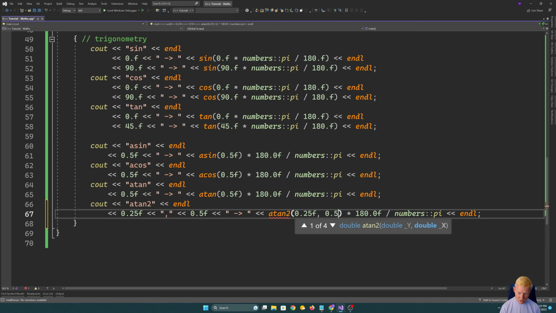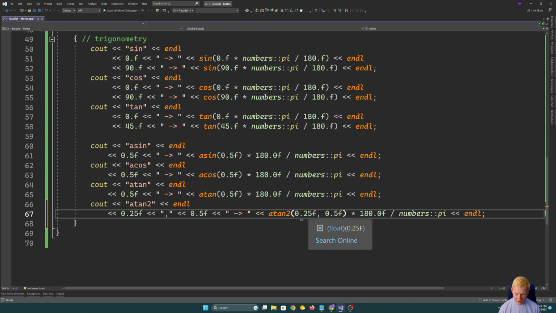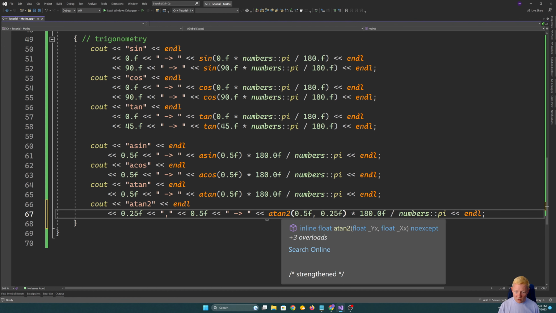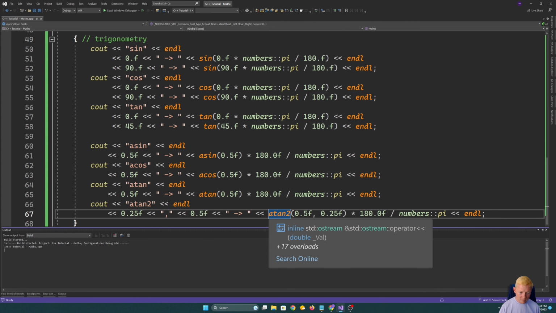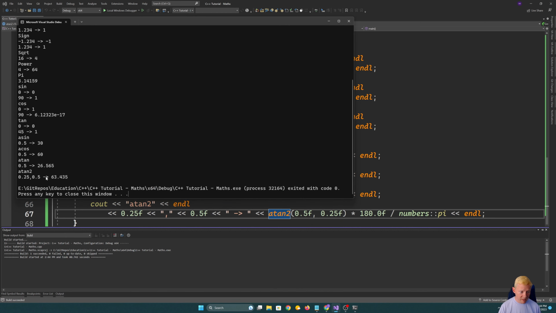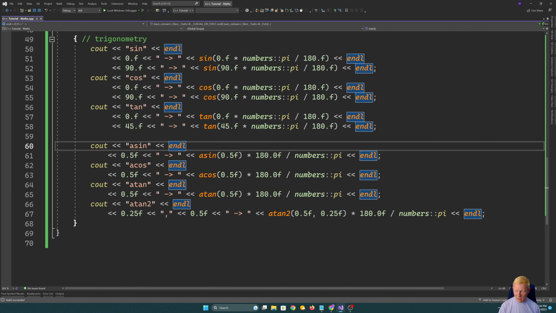With atan2, you provide two values, your y and your x. So I actually swap these around, because normally when we're listing coordinates, the convention is x comma y, but with atan2, the input is y comma x. So we'll run that, and we can see that's correctly given us back a value. So that's good. Our trig functions are working nicely.